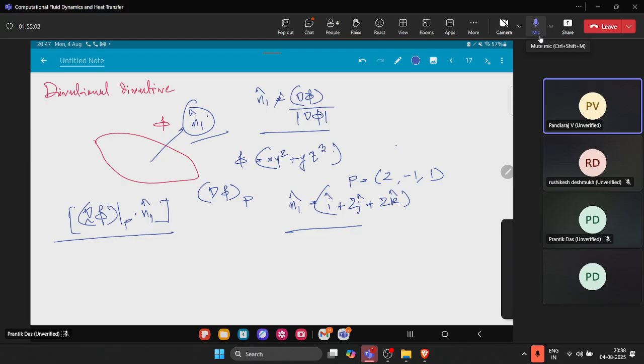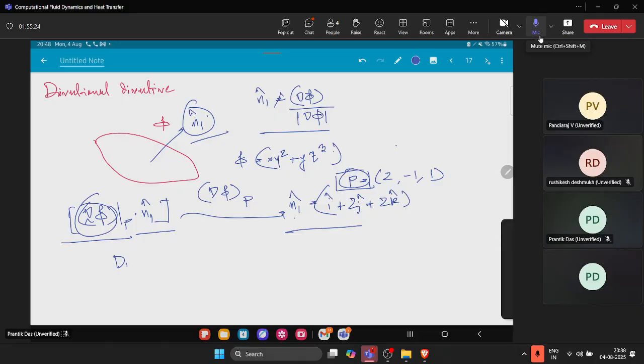One second. So this gradient of phi you have to find out and dot with n1 cap. So n1 cap is basically given here and gradient of phi you have to find out at point P. Okay.